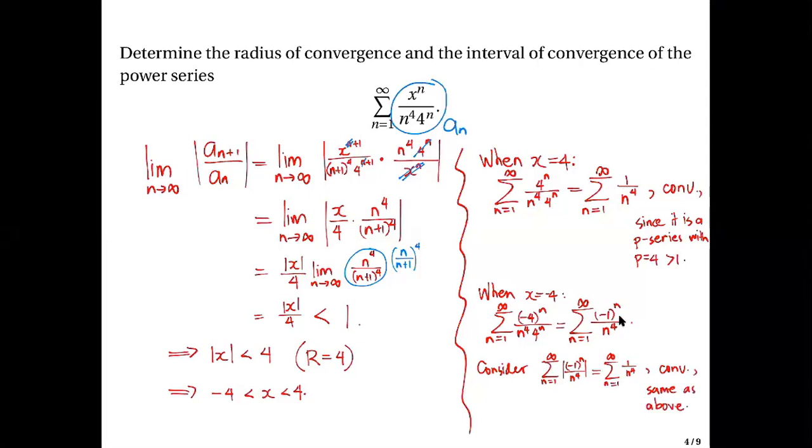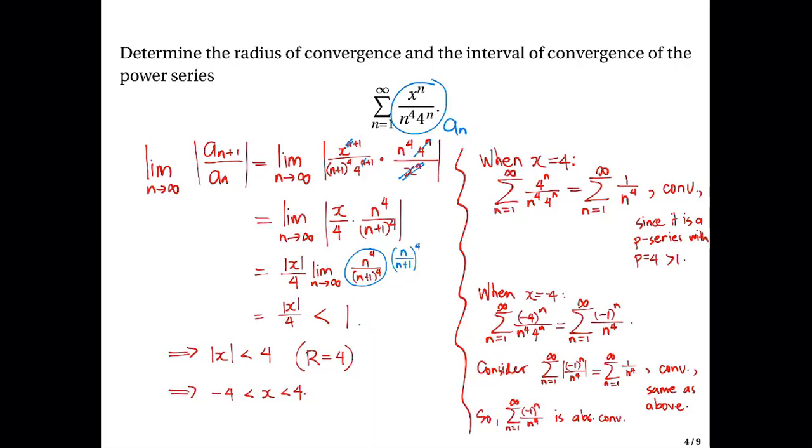Which means this guy here is absolutely convergent. So the series -1 to the n over n to the 4, from 1 up to plus infinity is absolutely convergent.